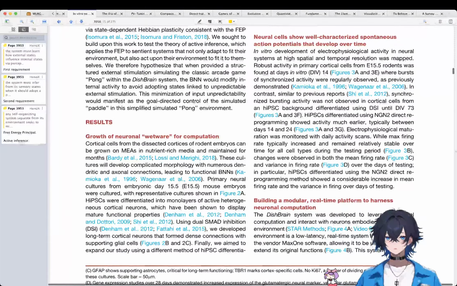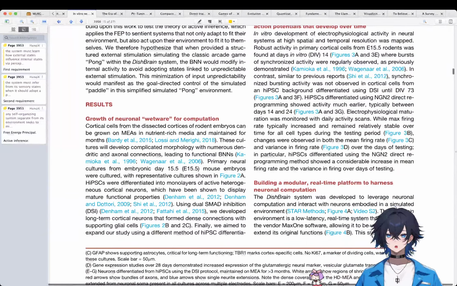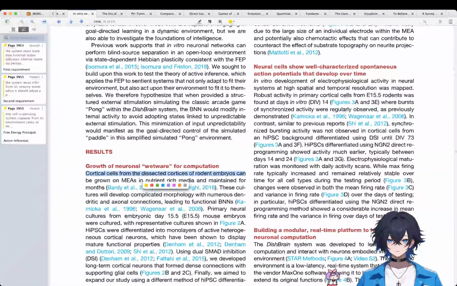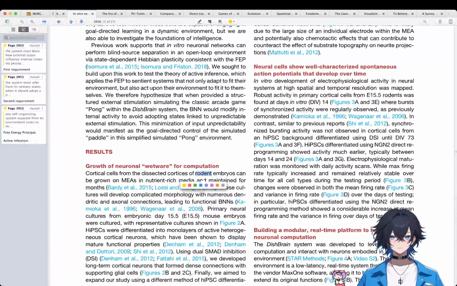So where are your methods here? Why is it just, okay, results. Okay, you grow some cells. Oh, I guess it's rat brains.